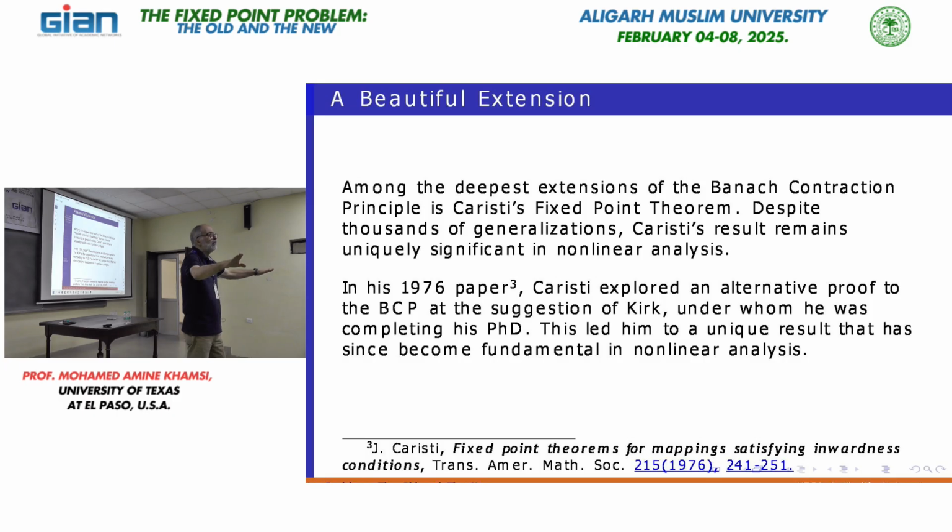So how on earth am I, as a PhD advisor, going to ask a new student to find me a new proof of the Banach contraction principle? How? Crazy. Why is it crazy? Is it a good question or a bad question?